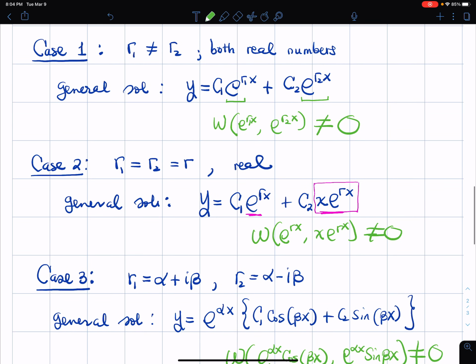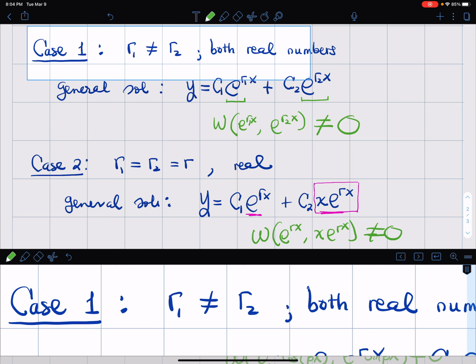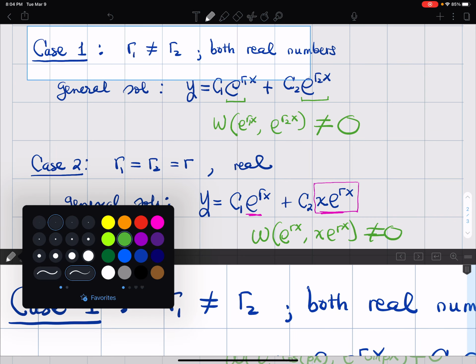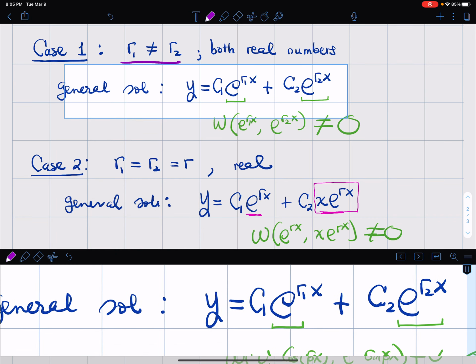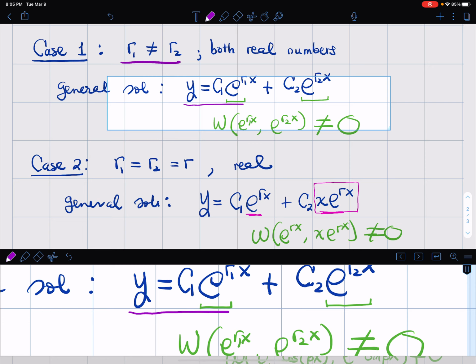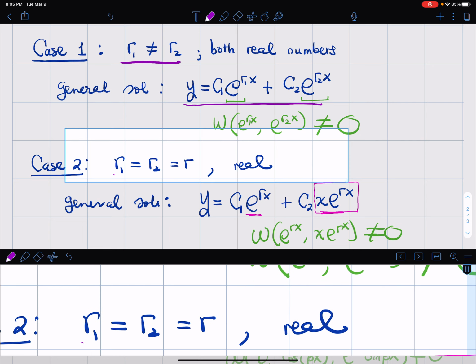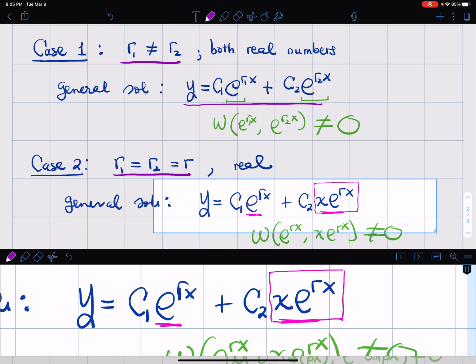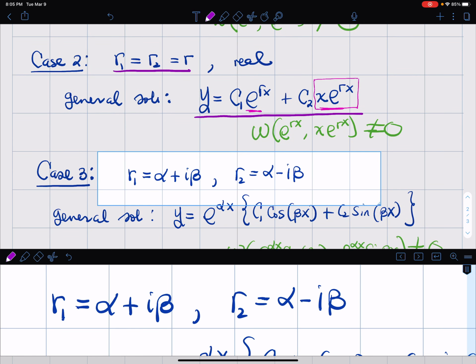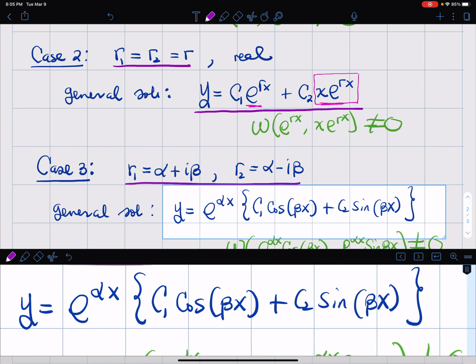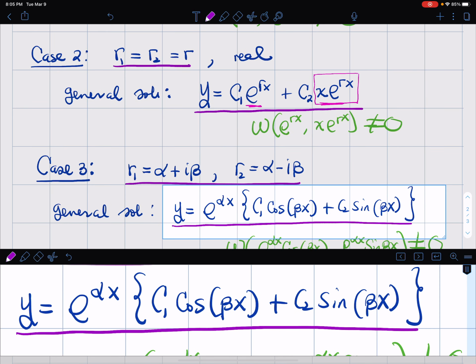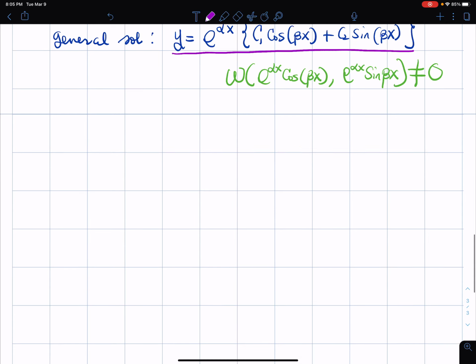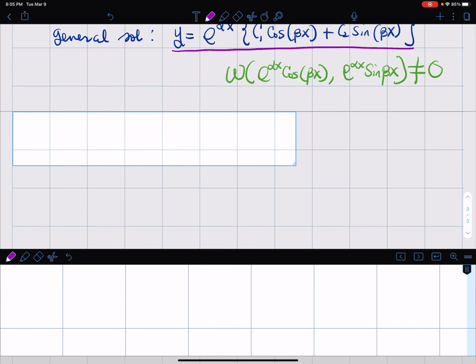Okay, so let's remember these solutions, that this implies that, and that this implies this, right? And this implies that. Let's go ahead and do some examples.